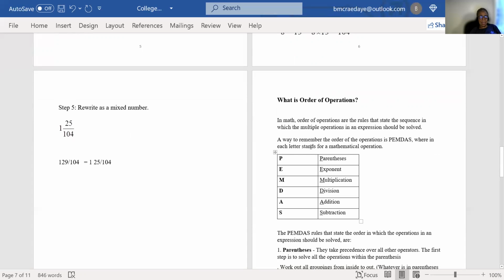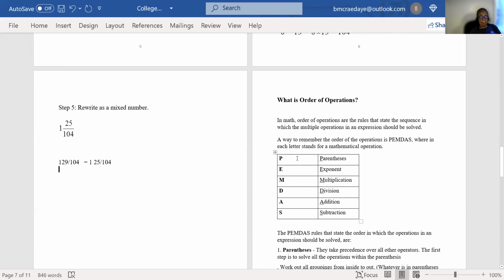So P, parenthesis, E, exponent, M, multiplication, D, division, A, addition, and S, subtraction. So this is the order that you do the operations.